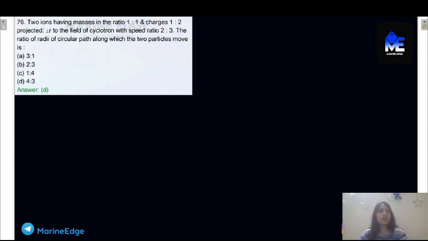Now moving on, we have two ions having mass in ratio 1 is to 1 and charge in ratio 1 is to 2. So m1 upon m2, we have 1 is to 1. And q1 upon q2, we have 1 is to 2. What else? It is given that this is projected perpendicular to the field of the cyclotron with the speed v1 upon v2 as 2 is to 3.